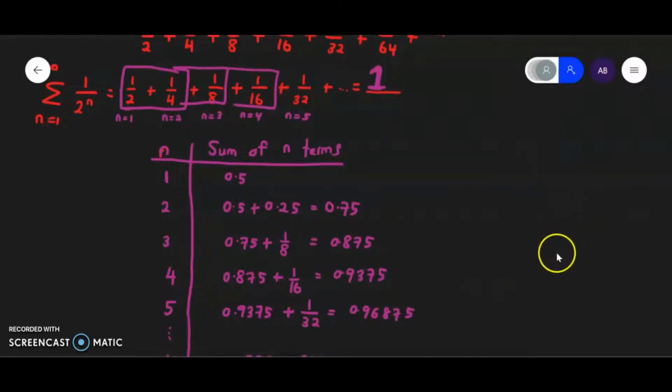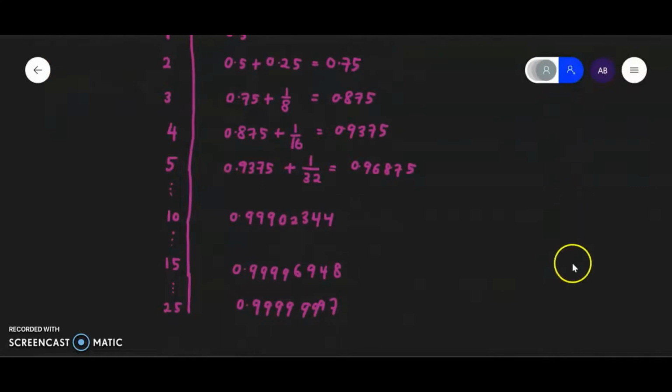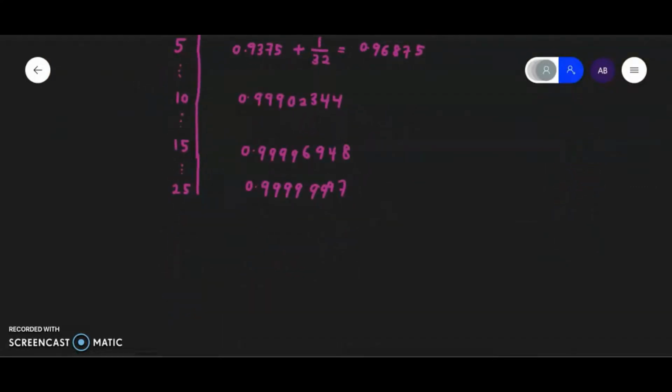So what does partial sum mean? What is partial sum? I have to write it down so that you remember.